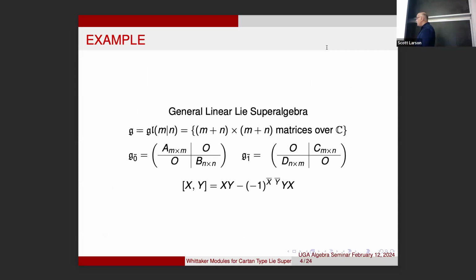Here x bar and y bar denote the degree of homogeneous elements, which is either 0 or 1. If x and y are both odd, then the middle sign becomes plus; you get xy plus yx. Otherwise, it's the usual commutator xy minus yx. So it's all the same bracket.